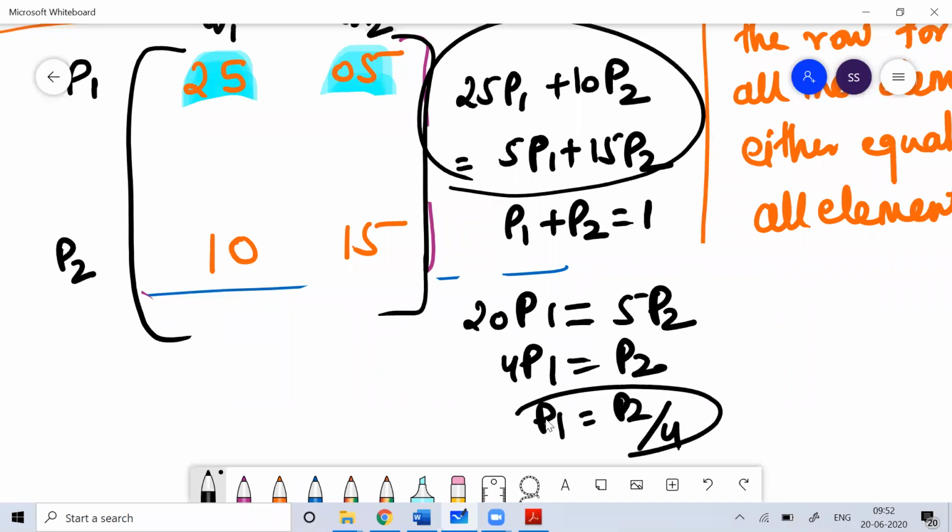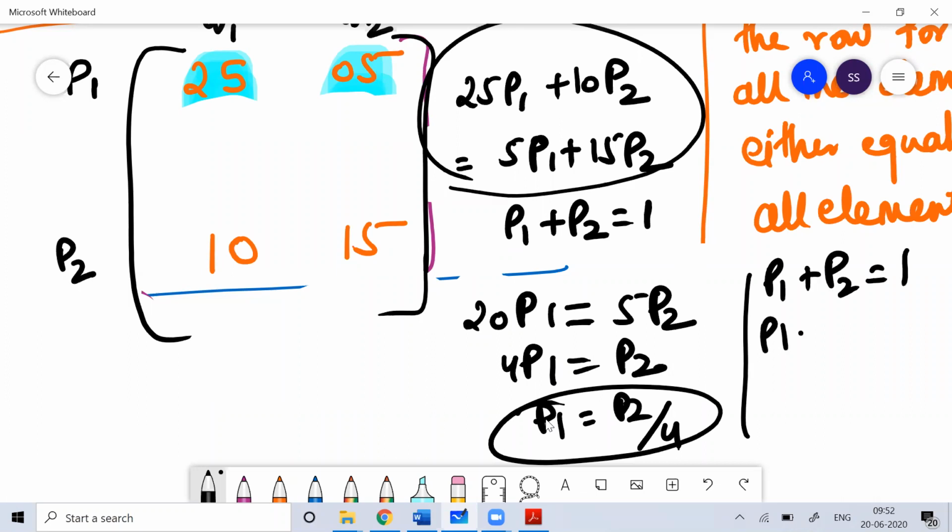Once you get p1 equal to p2 by 4, you know that p1 plus p2 is equal to 1. So in place of p1 you can write p2 by 4, so p2 by 4 plus p2 is equal to 1. So the value of p2 would be 4 by 5.